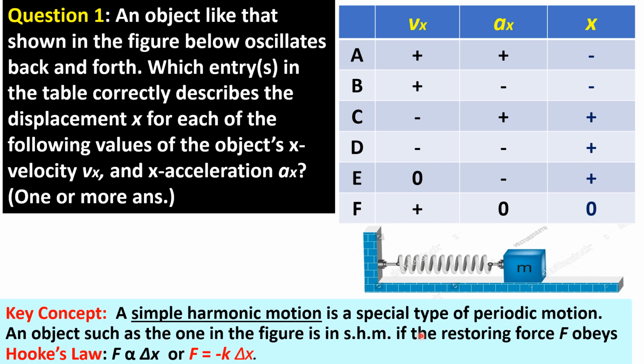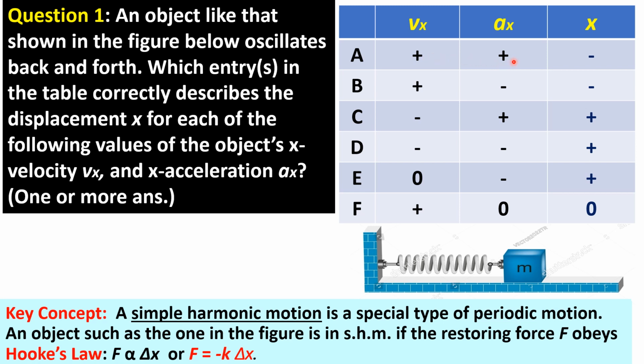All right. So our choices, you are to determine what is the correct sign of the displacement x for a given velocity v_x as well as for a given acceleration a_x.